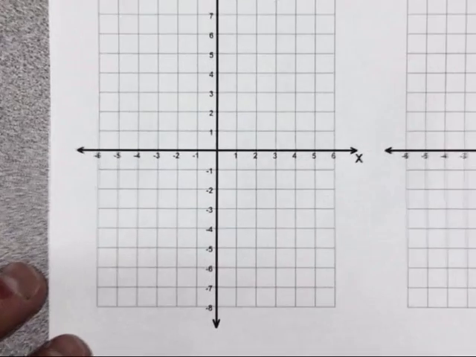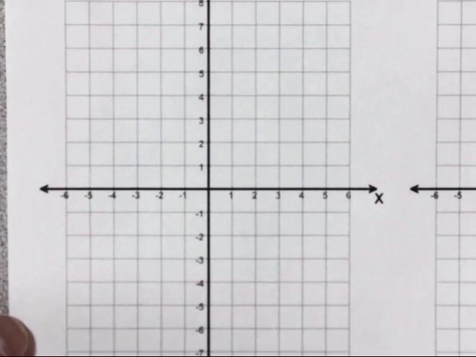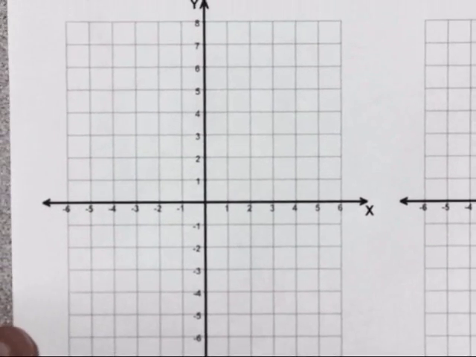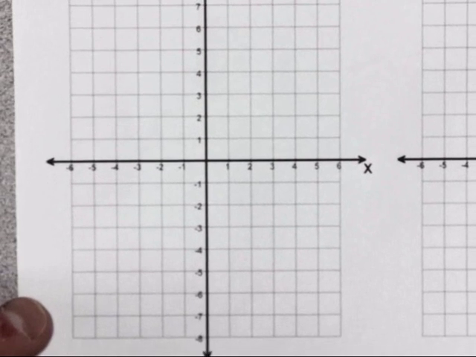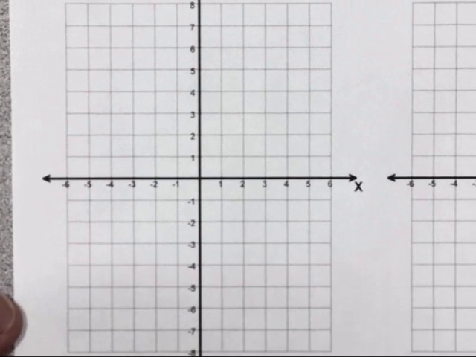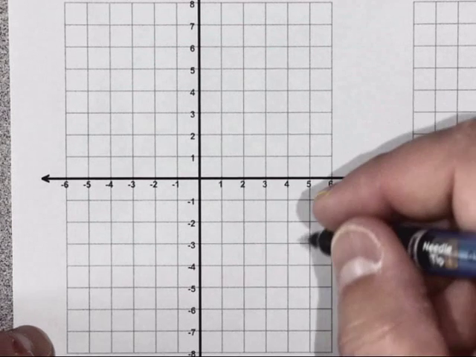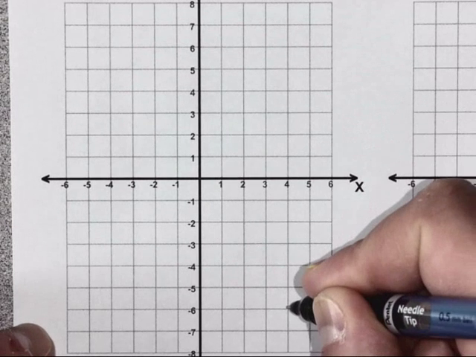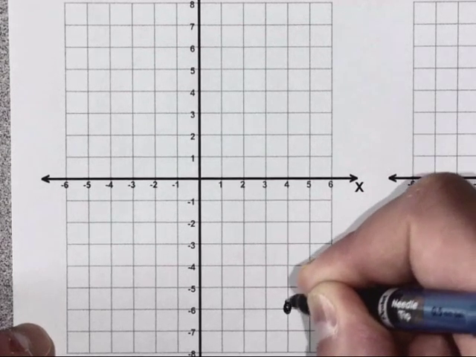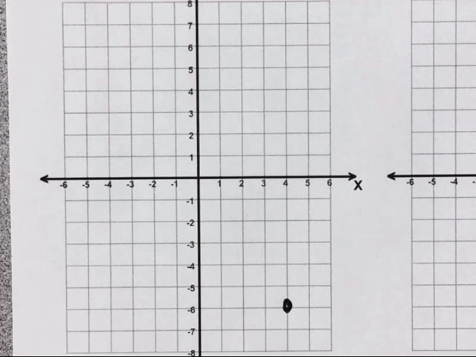Let's plot the point 4, -6. So that point is here. Okay.